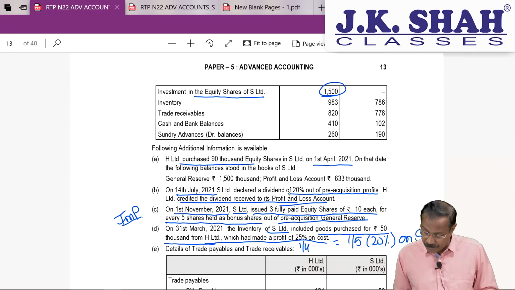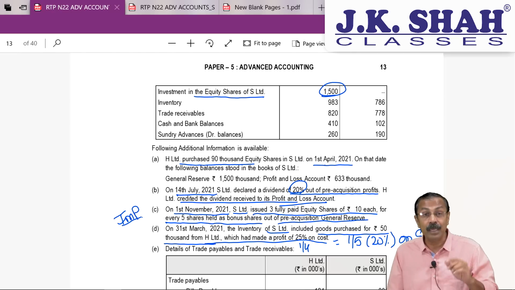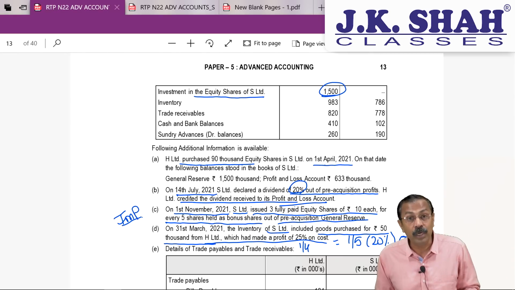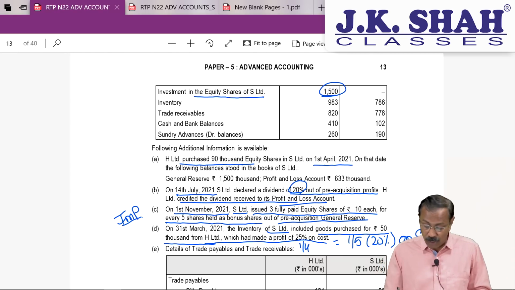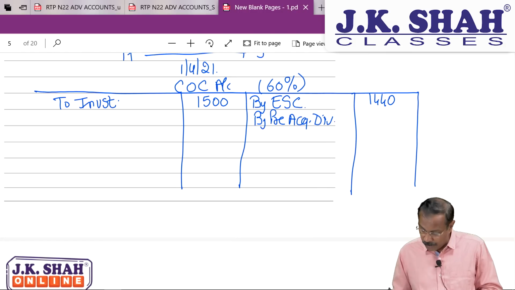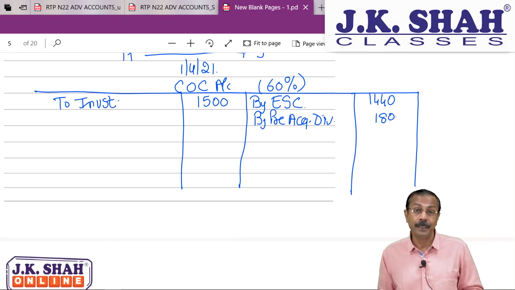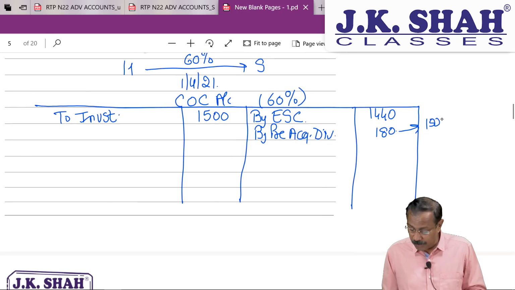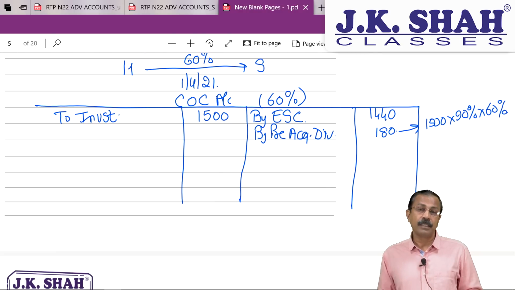On that they have paid a dividend of 20%, that is 300, of which 60% will be received by the holding company, 180. 180 was taken to the P&L of holding company, which should actually go to your cost of control. So over here, by pre-acquisition dividend will be 180. How do I get this 180? It is 1500 of that 20% of that 60%, remember.